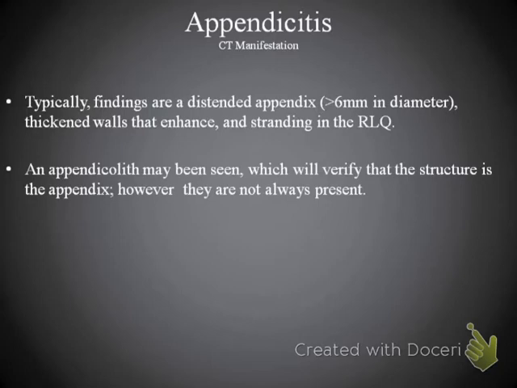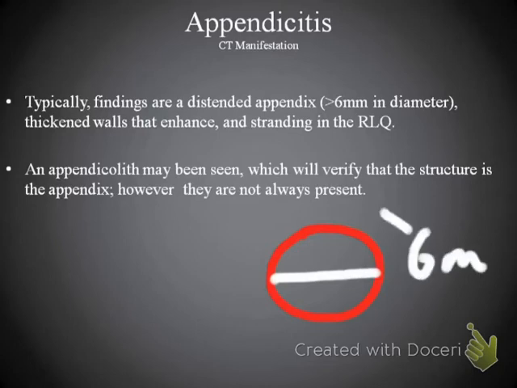Typically we find a distended appendix greater than 6 millimeters in diameter. And so when we're talking about diameter, keep in mind the appendix is going to look something like this on our axial images. And it has to be greater than 6 millimeters here, or here. And so one way or another we have to have greater than 6 millimeters. We also see that we have thickened walls that enhance.